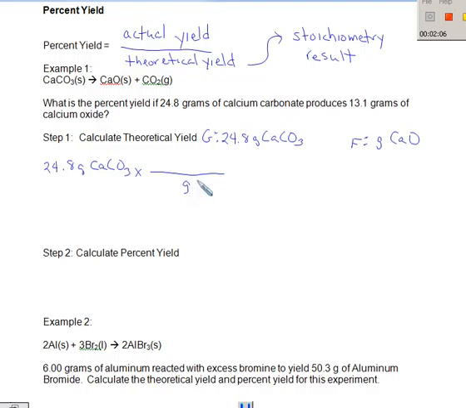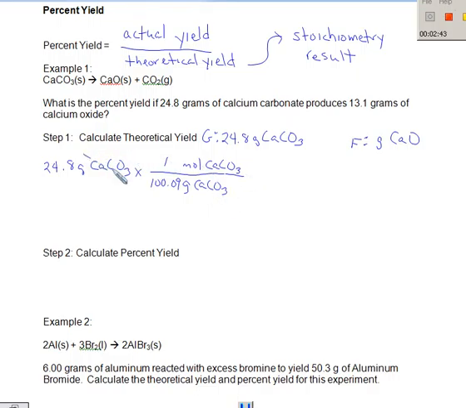So we're going to bring grams of calcium carbonate down, convert it to moles of calcium carbonate. One mole of calcium carbonate is equal to 100.09 grams of calcium carbonate. We get this from the periodic table, the mass of calcium, carbon, and 3 oxygens.